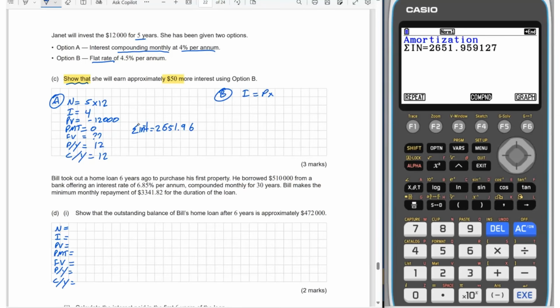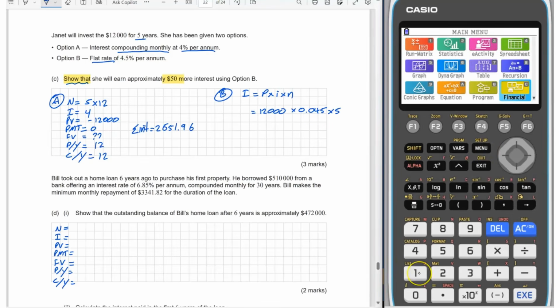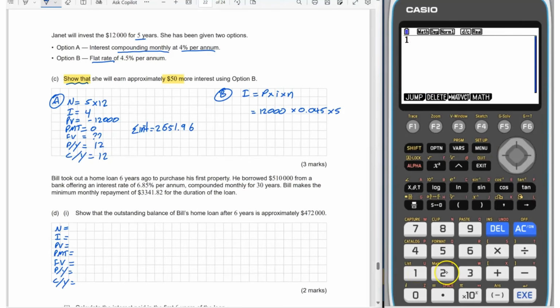Now B, like I was saying before, simple interest. So I is equal to P times I times N. The principal was the 12,000 multiplied by, in this case, 4.5%, so 0.045, and for 5 years. Let me just quickly put that in. Okay, so 2,700.